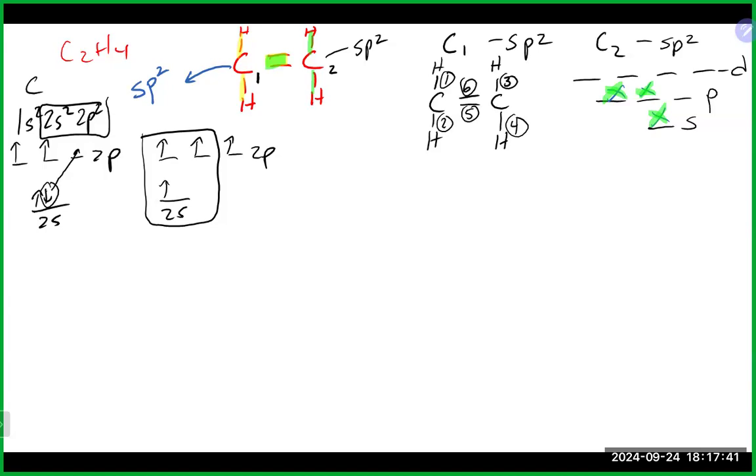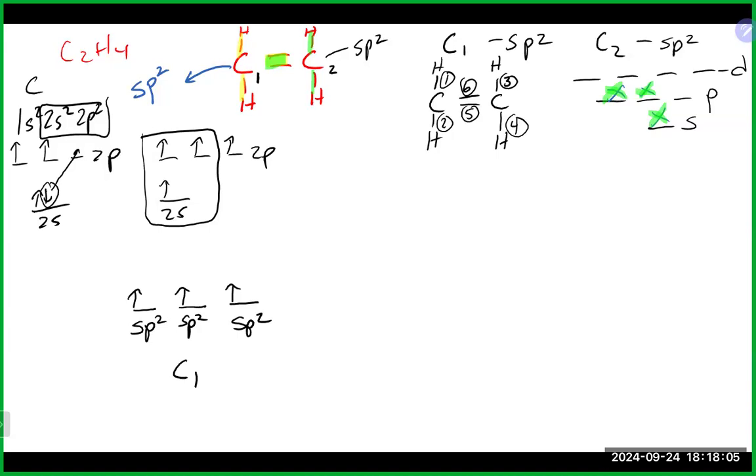And what that's going to give us for carbon number 1, I'm going to write it towards the bottom here, is 3 equivalent sp2 hybrid orbitals that each have one electron in them.